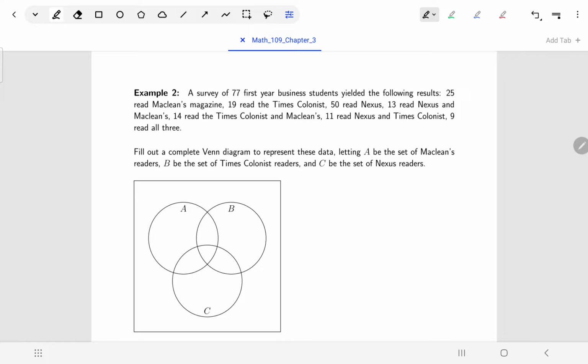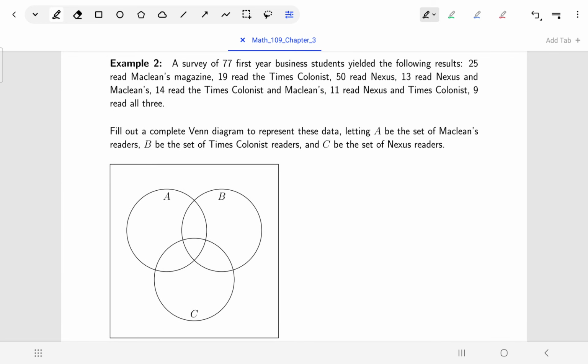A is the set of the Maclean's readers, B is the set of Times Colonist readers, and C is the set of all the Nexus readers. So let's just summarize what we have. Firstly, we know as far as the universe goes, there are 77 people in this survey. So all of the 8 regions all together should add up to 77 at the very end of it all.